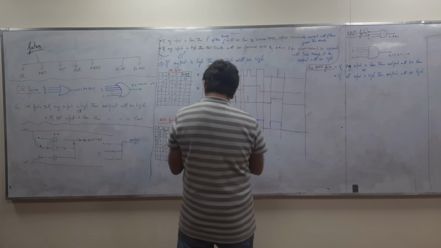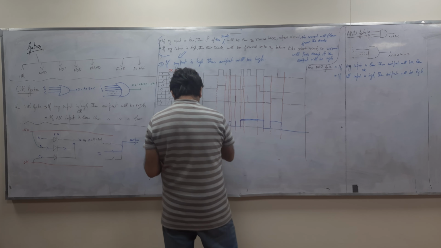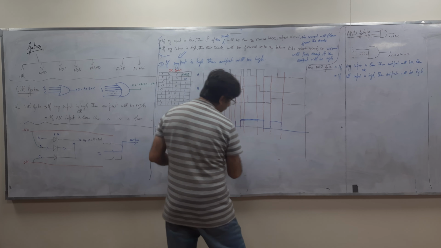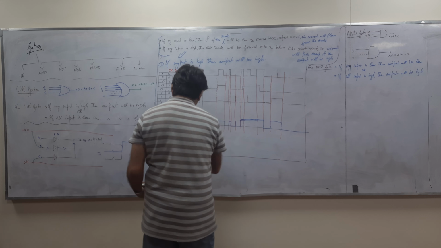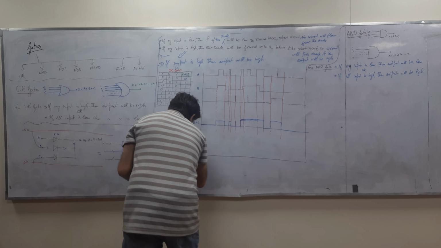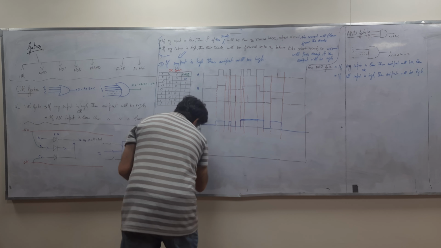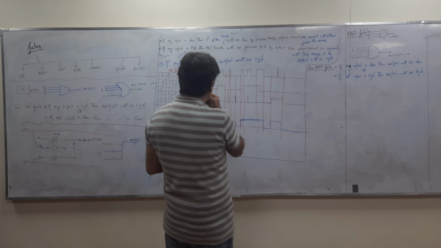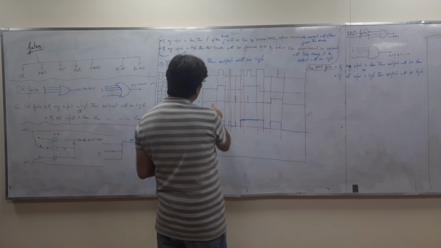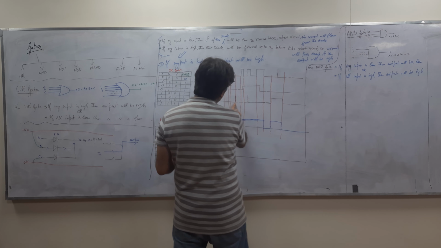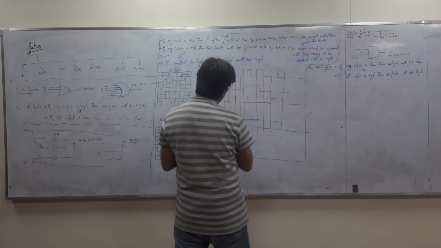According to the diagram, what will be the output for x equal to A dot B dot C. If all inputs are high, here at this time this is 0, this is 0 at this time.